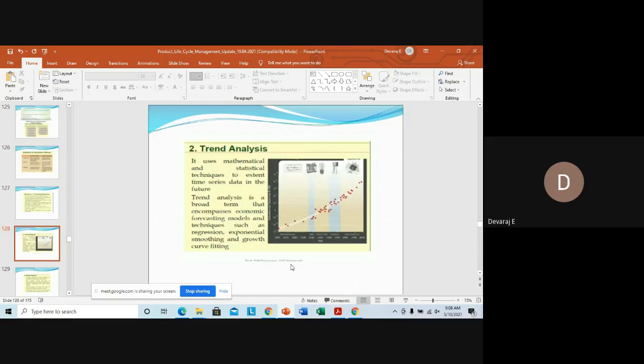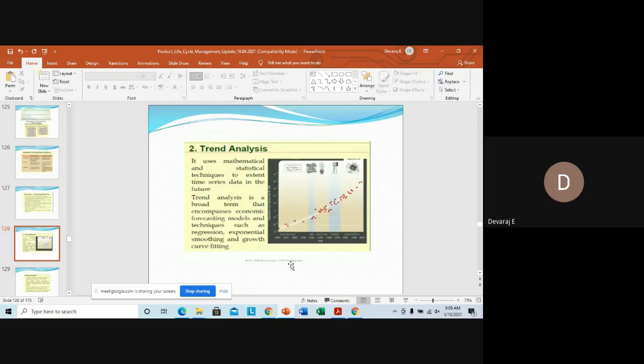If you want to see how many kg you will be at the age of 35, it will predict the weight. So this is called trend analysis. It takes past data, like the last 5 months. Whatever information you give, it stores: every day I'm eating this much food, this is my present weight, tell me the weight at the age of 35. Immediately it will show the weight at the 35th year. I think everyone is understanding, right? This is called trend analysis.